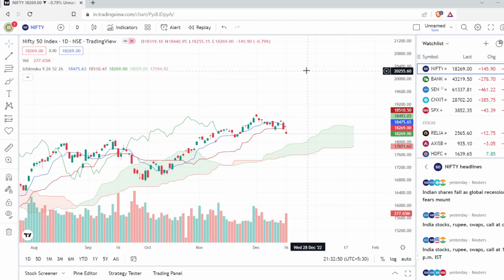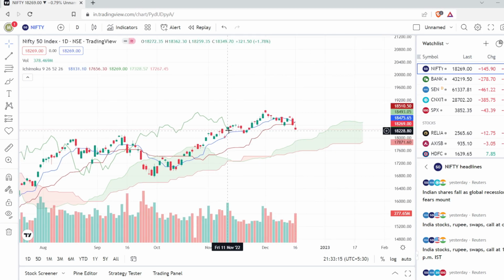as per the Ichimoku system, if today's price is above the last 26 days period, you should take only bullish trades. If today's price is below, that is, if the lagging span is below last 26 days price, you should take only bearish trades.